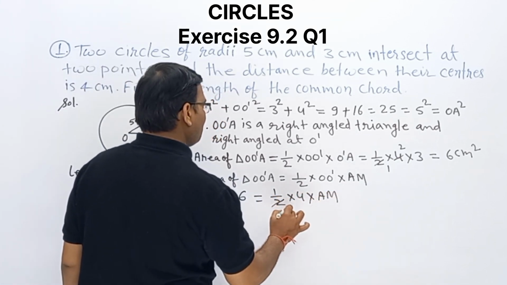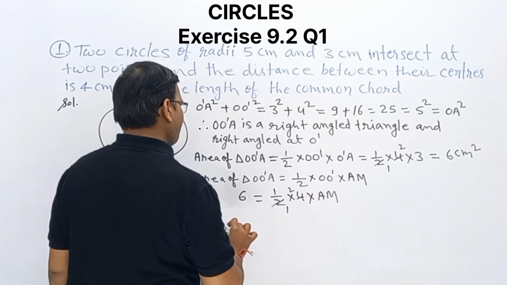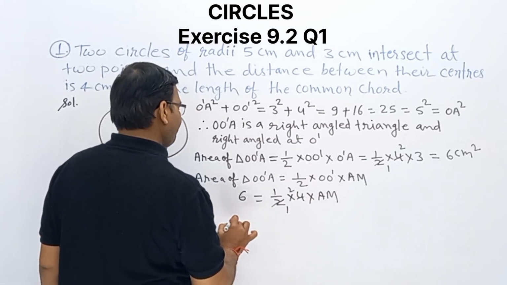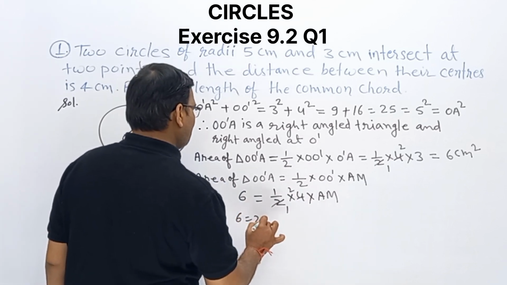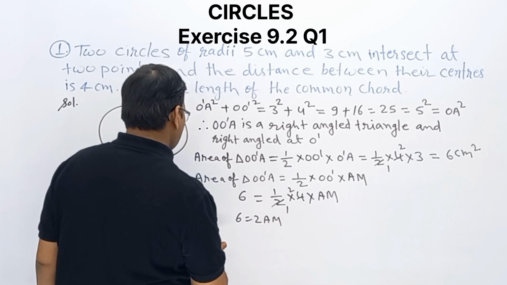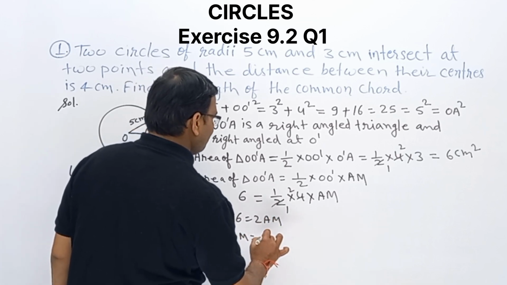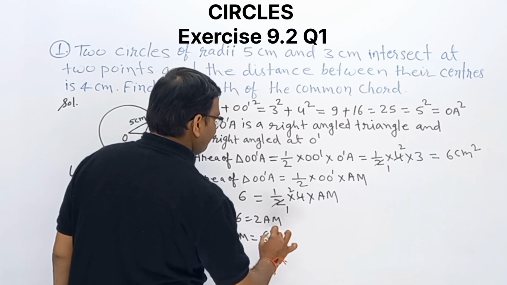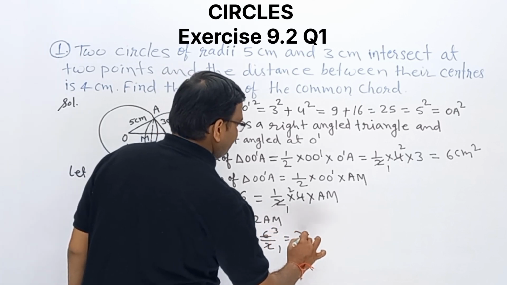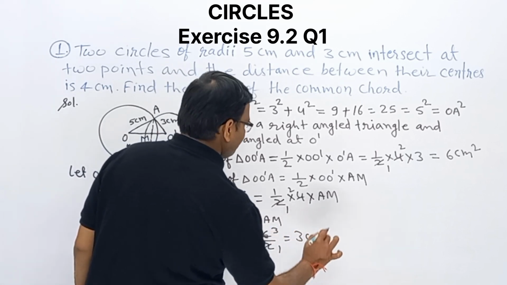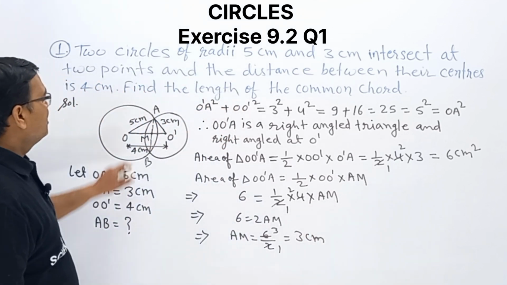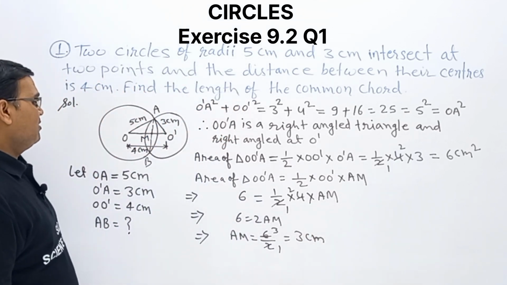So 6 equals 2 times AM. Solve for AM: AM equals 6 by 2, which is 3 centimeter.